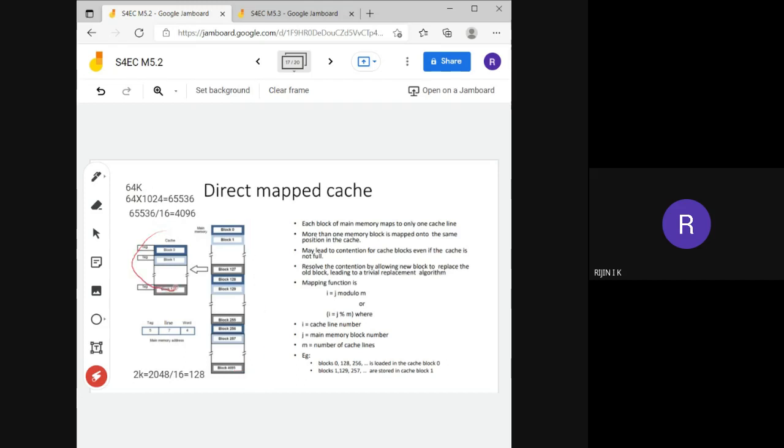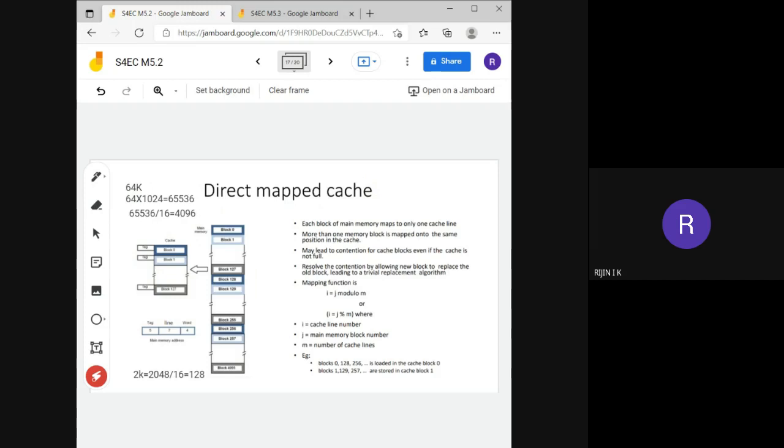The size of the cache memory is 2K, so after the division we get 128 cache lines, that is from block 0 to block 127. Now we can see how direct mapping is performed in this cache memory. Direct mapping means we need to copy the content from the main memory to the cache memory. Then how will we copy? From where to where will we copy the blocks? That is what direct mapping is.